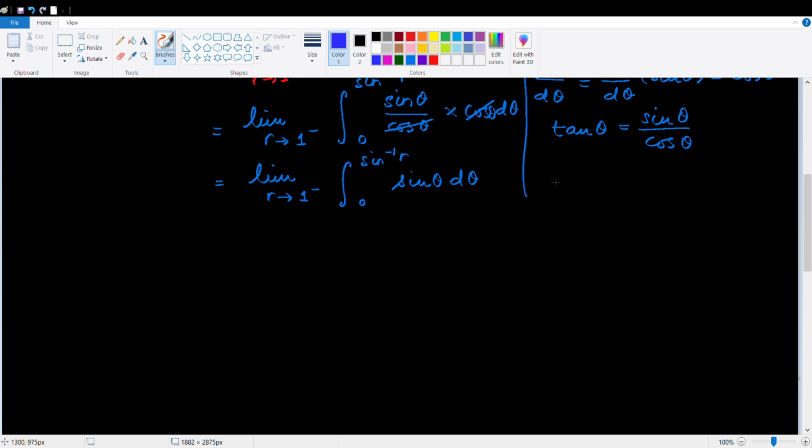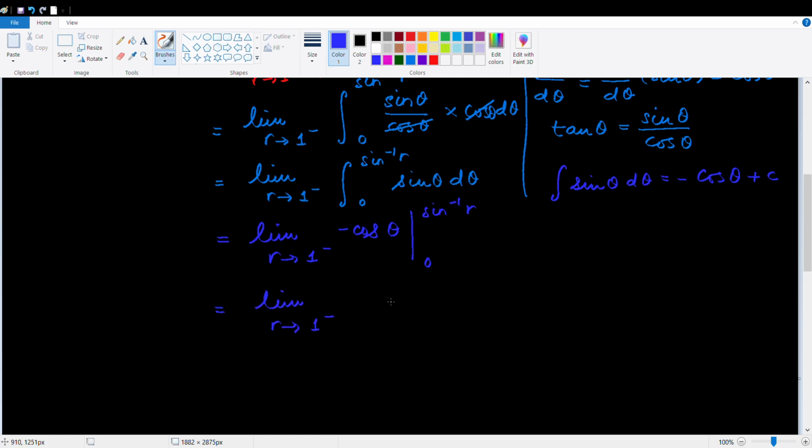Now we know the integral of sine theta d theta equals minus cosine theta plus c. So I'm going to do something like this: the limit r tends to 1 from minus of minus cosine theta from 0 to sine inverse r. Alright, this is equal to the limit r tends to 1 from minus, let me use sine inverse r.